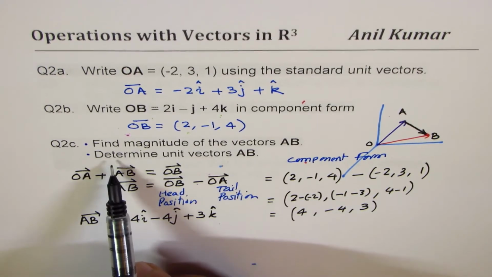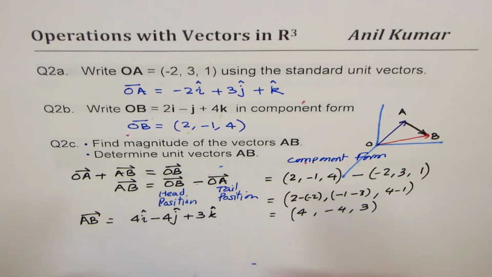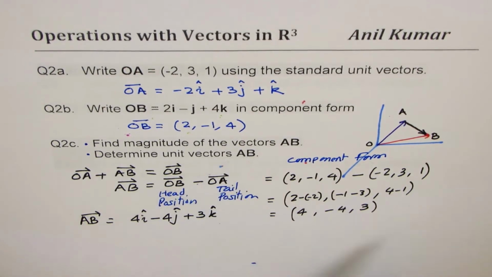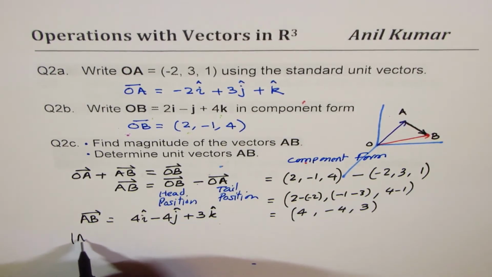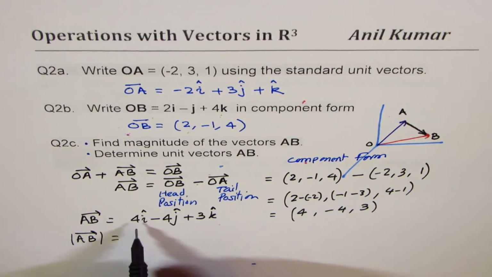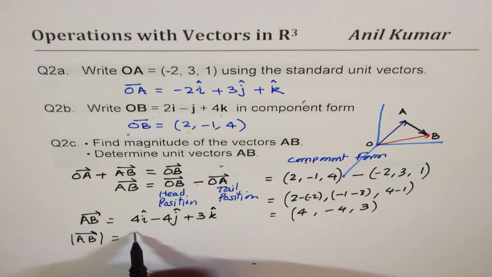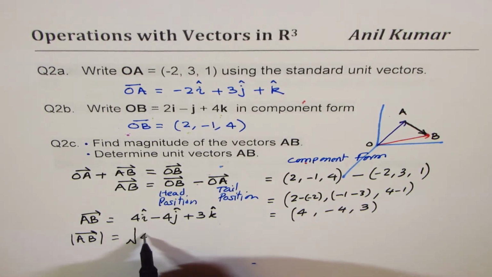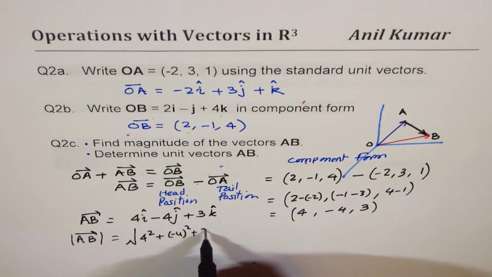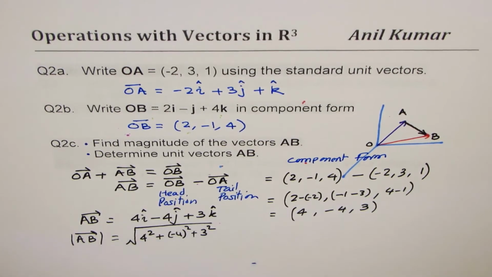Perfect. Now we need to determine unit vector AB. How do we find unit vector AB? For that, we have to first find the magnitude of vector AB. Magnitude is square root of a squared plus b squared plus c squared, right? So it is the square root of 4 squared plus minus 4 squared plus 3 squared.